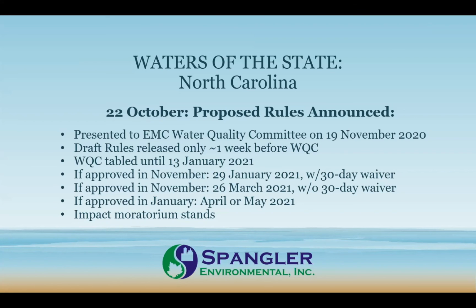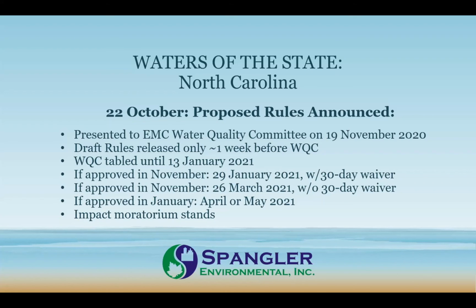And so I've got a couple timelines there. Even if they were approved in November, approved by the Water Quality Committee, moved forward to the full EMC, approved by the EMC, implementation wouldn't have been till January 29th, assuming the 30-day waiver, because typically things that are approved by the EMC have a 30-day lag period for public comment. The implementation, even with the 30-day waiver, wouldn't have been until the end of January.